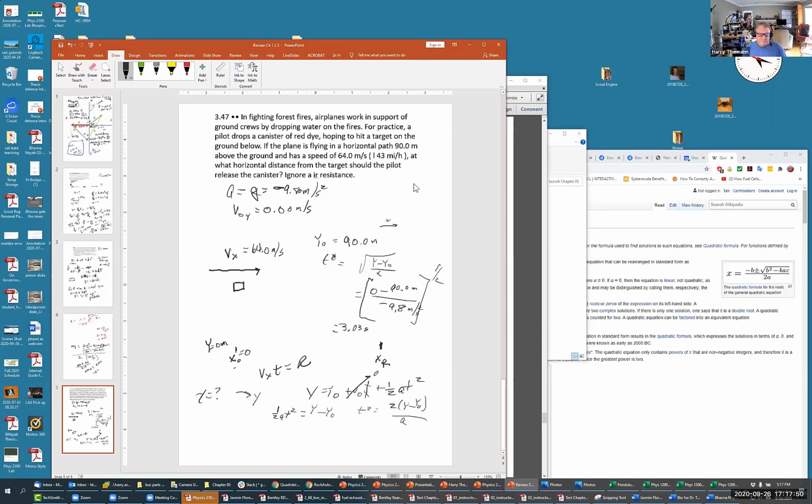Then I plug it back in. The range equals 64.0 meters per second times 3.03, so about 195 meters. So when the pilot sees that they're 195 meters away, they release. Okay, so almost an hour.